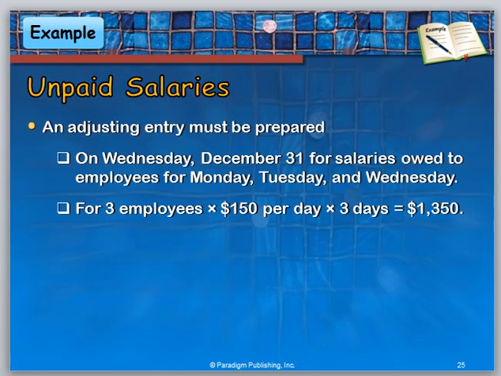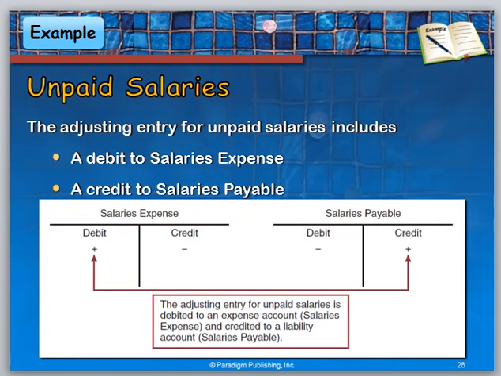So we had 3 employees at $150 a day times 3 days, and that comes up to $1,350. So our adjusting entry for that would be a debit to salaries expense and a credit to salaries payable.